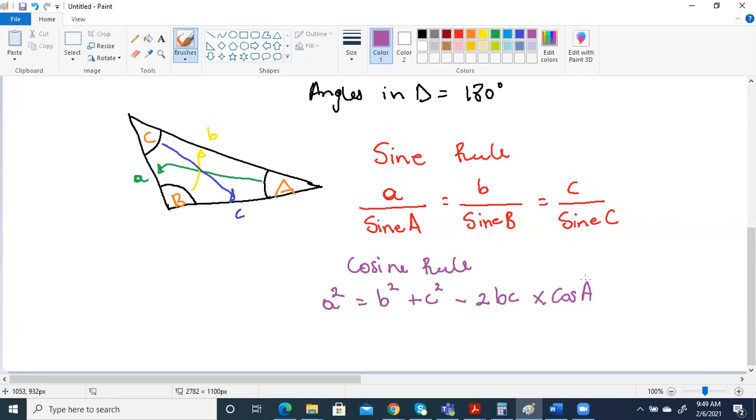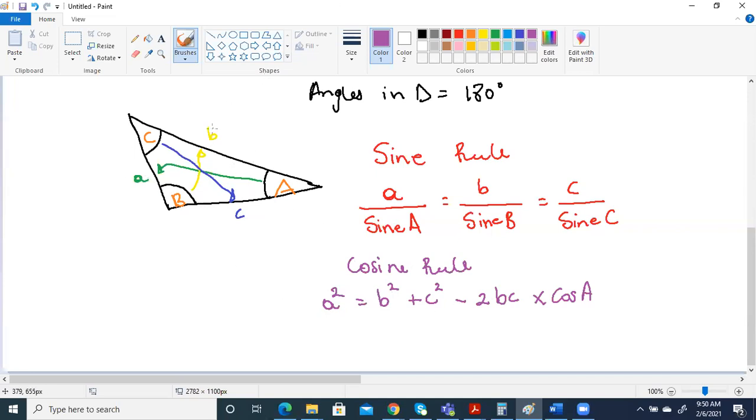And we made the point that even though it says a here and we have a as being this particular side over here, this formula can be written for any of the sides, right? So in essence, a could be any of these sides here.